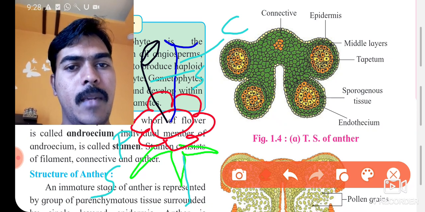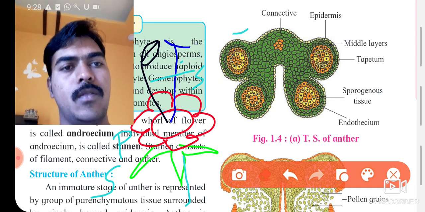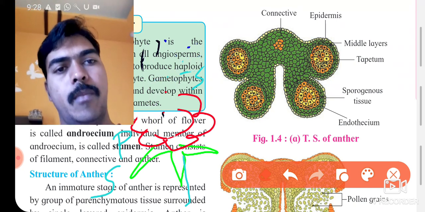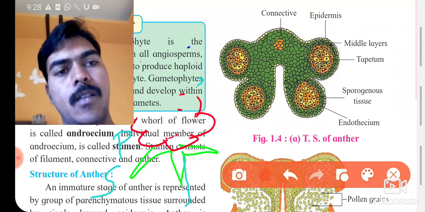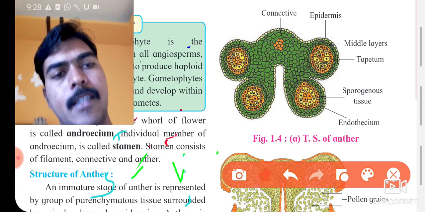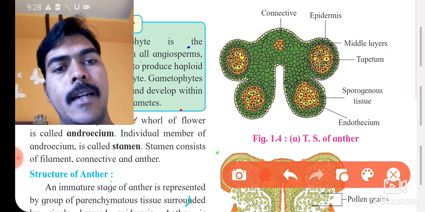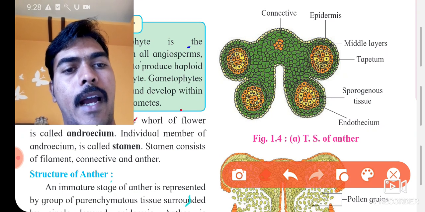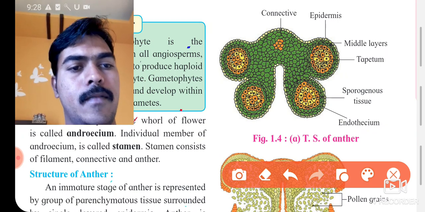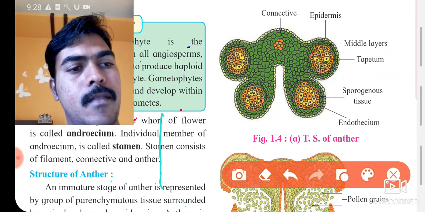This androecium has mainly three structures. I'll draw it separately. So androecium has three structures: filament, connective, and anther.